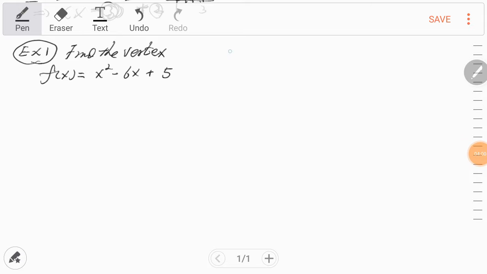In order to find the vertex, we may use the completing the square method. So we can write it something like this: x minus h squared plus k. Then the vertex will be h and k. Make sure this is minus k. If this is plus k, then the x coordinate will be the negative h.